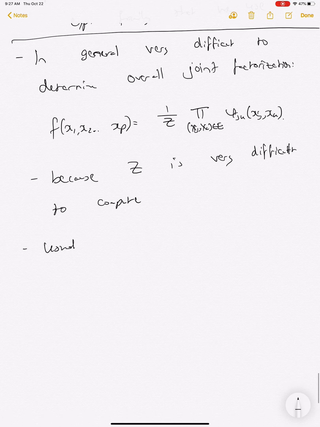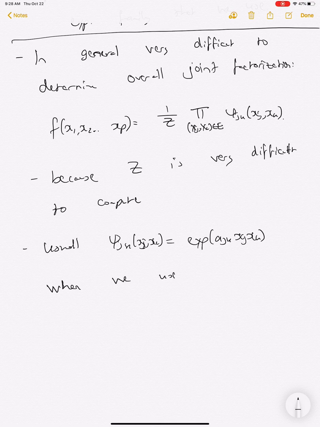Usually psi jk of xj xk is equal to exp of ajk xj xk when we use the exponential family.